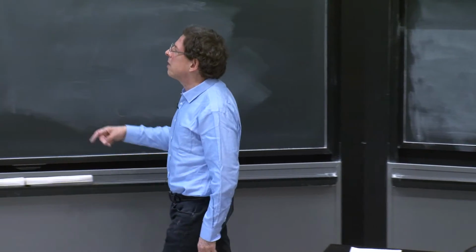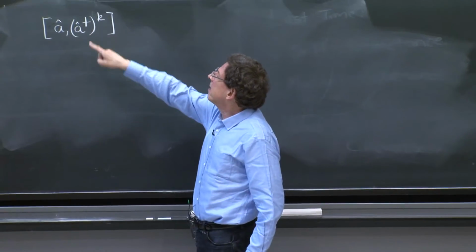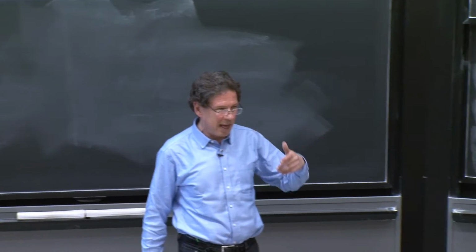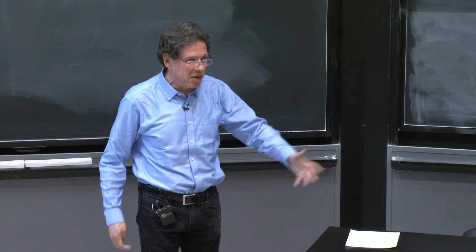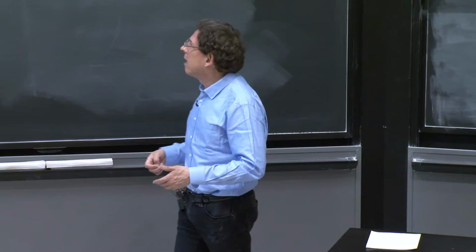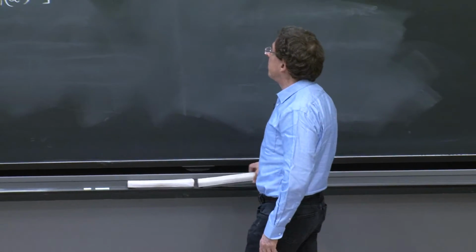I'm doing this with a k here. Maybe when you review this lecture, you should do it with k equal 2 or k equal 3, and do it a few times until you're comfortable with these things and you know what identities you've been using.